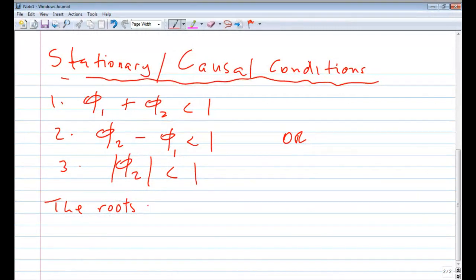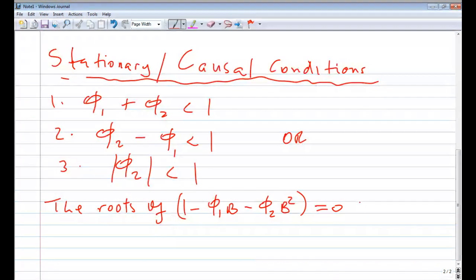For the process Xt, which is autoregressive of order 2, to be stationary or causal, the roots of 1 minus phi 1 B minus phi 2 B squared equal to 0 must all be outside the unit circle.